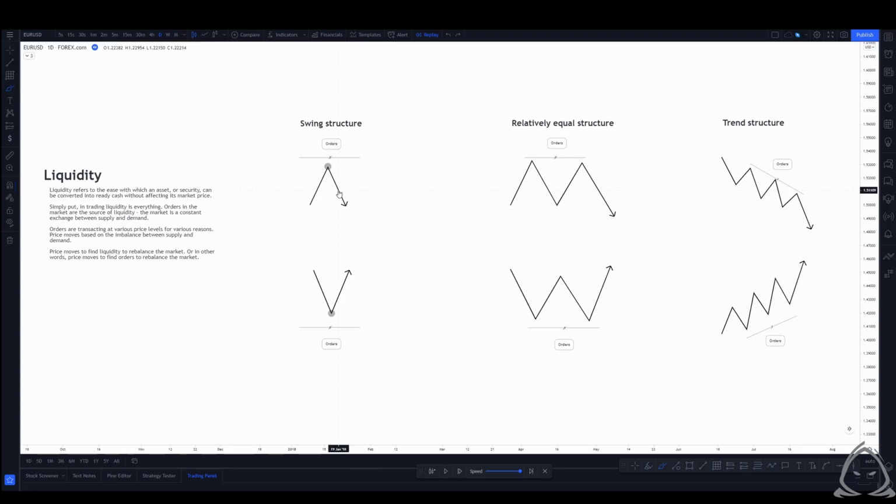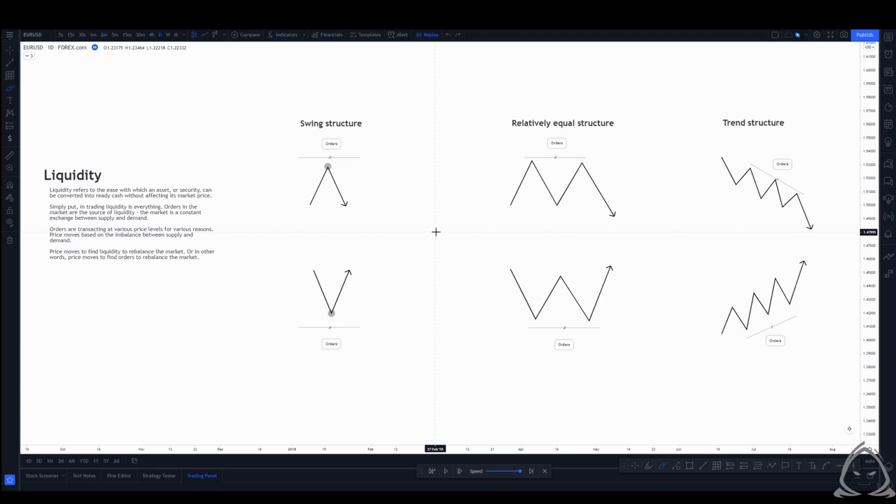What we might see is that price would run liquidity and then run the other way, or what we might see is price creates liquidity and then continues on. We can use liquidity for a basis of building trade ideas, or use liquidity as targets as well. And we'll dig into those components in the next section when we dive into internal versus external liquidity.